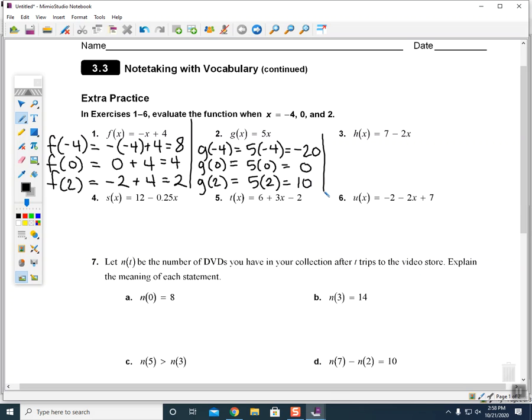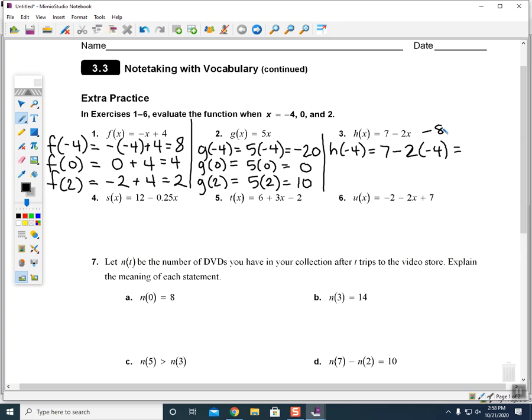All right, h of x. So I'm going to have h of -4 equals 7 minus 2 times -4. 2 times -4 is a -8.